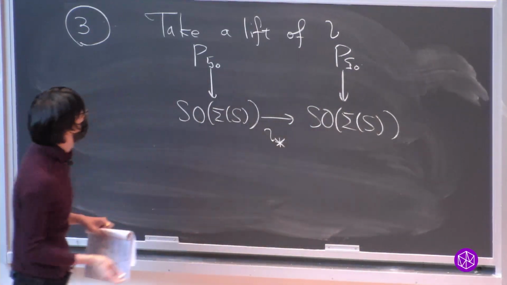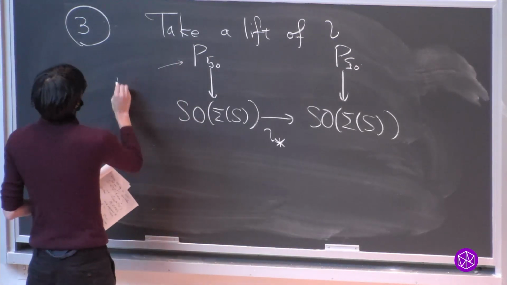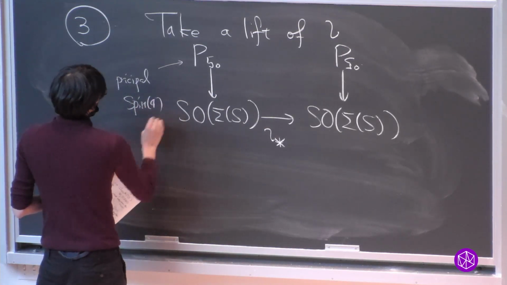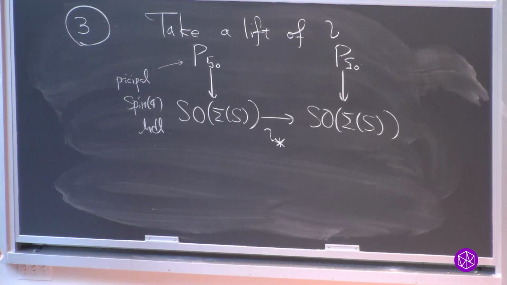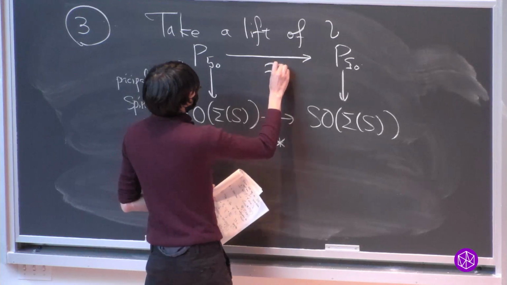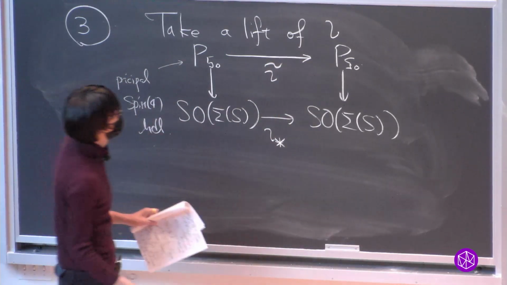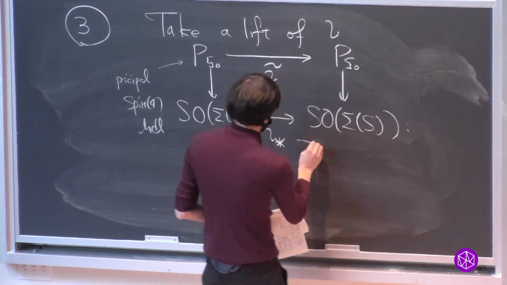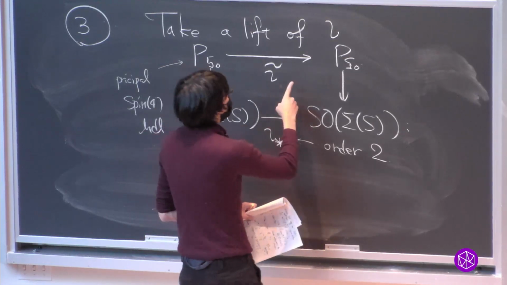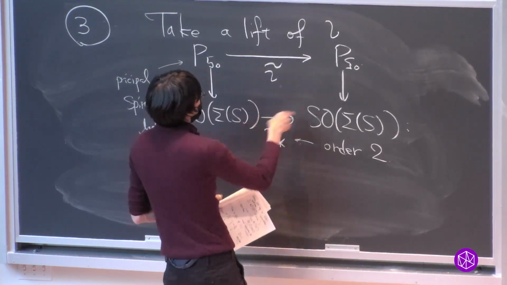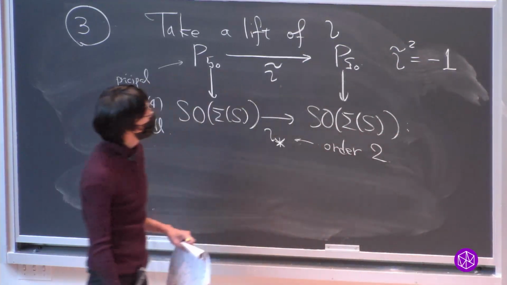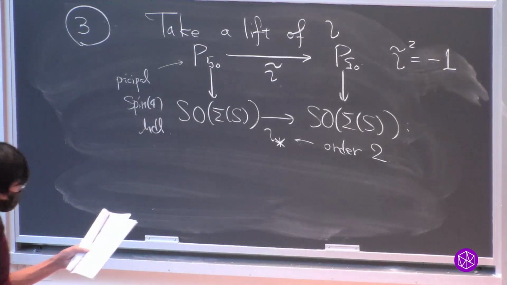So we have this map. Here we can take the lift iota tilde, but the point is that iota is order 2, but if you take a lift which commutes with this diagram, then it will be order 4. So iota tilde squared will be -1.